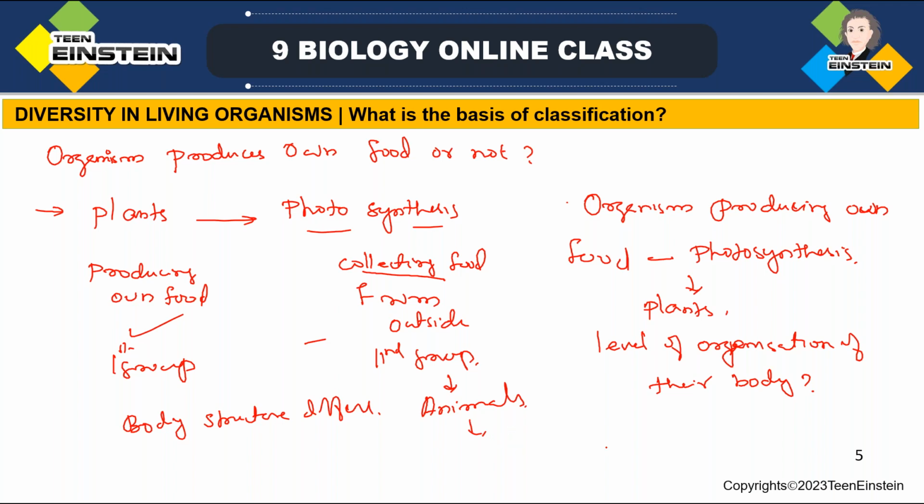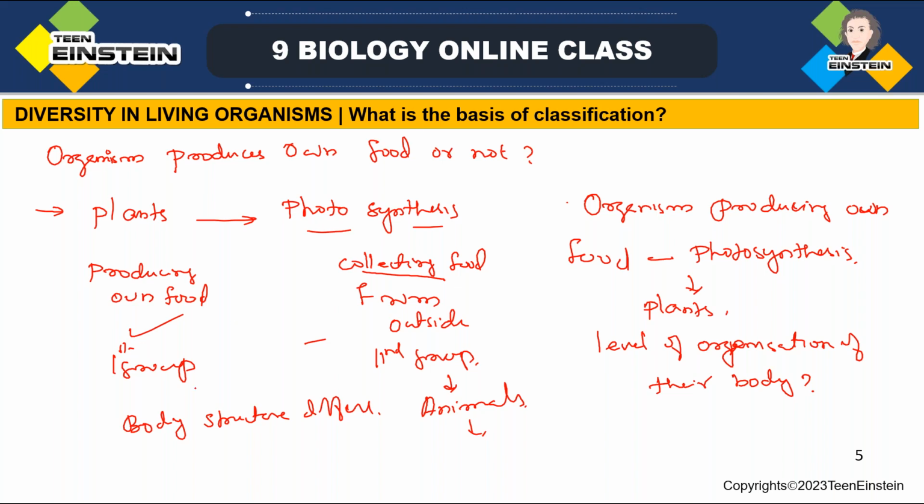In the first classification, it comes down to whether they are synthesizing their own food or not. Based on that you can classify plants and animals. In plants itself you can make classification, and in animals itself you can make classification. Then in animals again you classify based on whether the organism has different parts and what specialized parts or organs are found for different functions. Based on that you can make further classification.